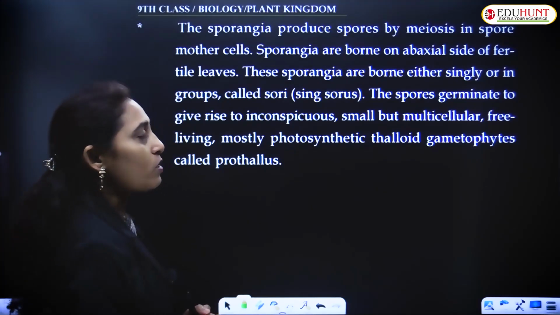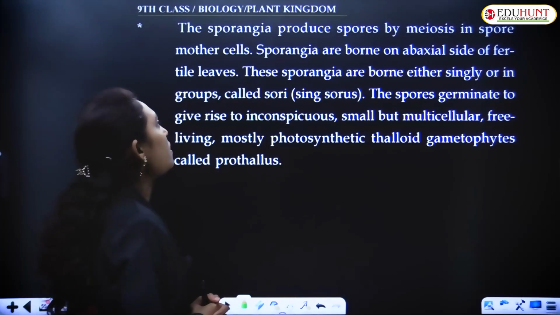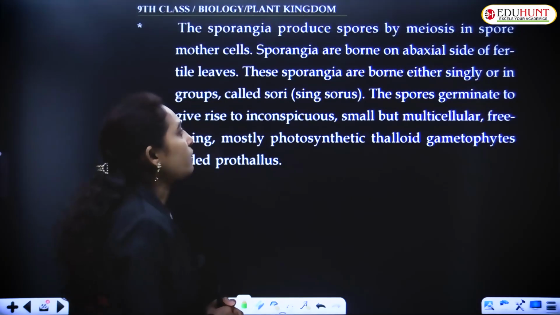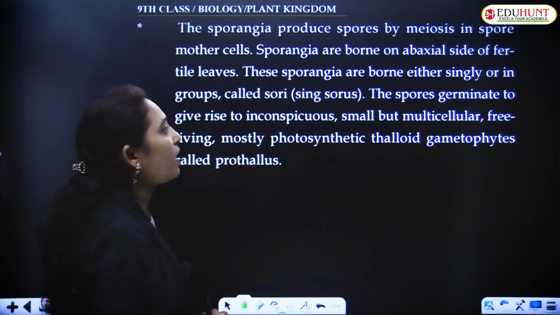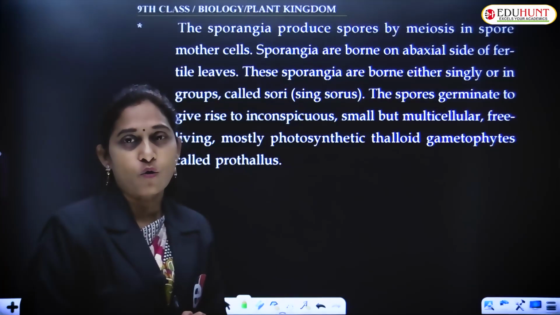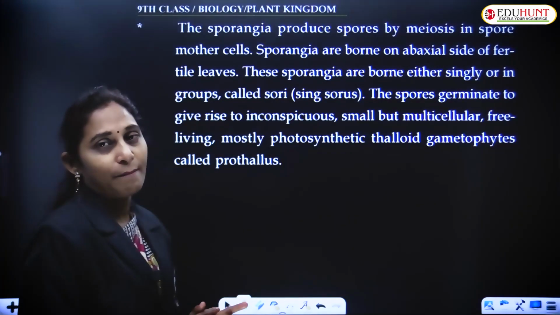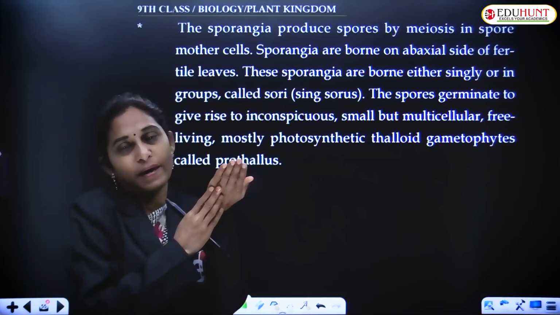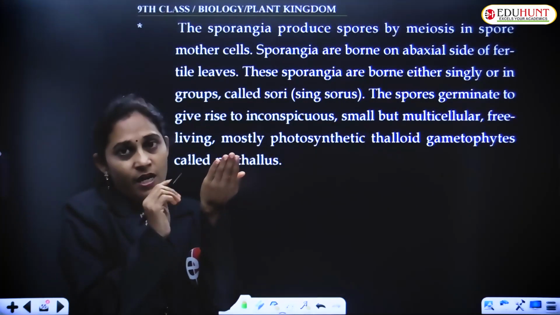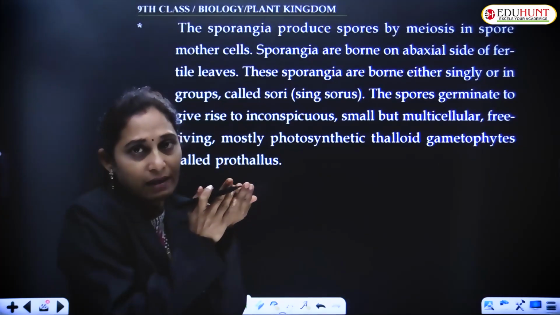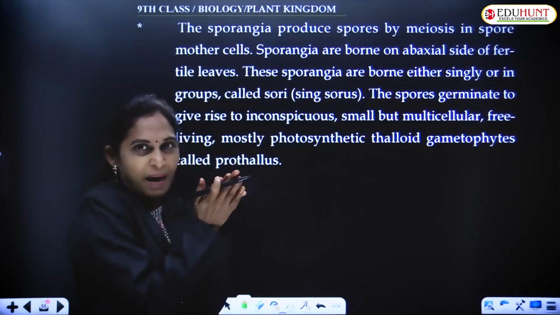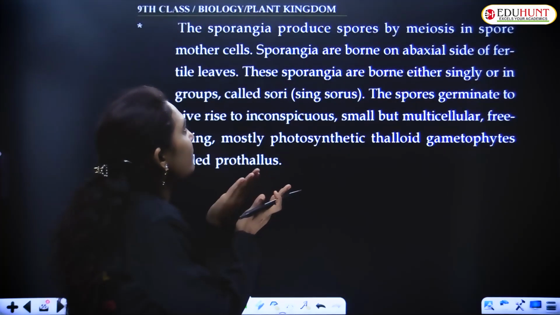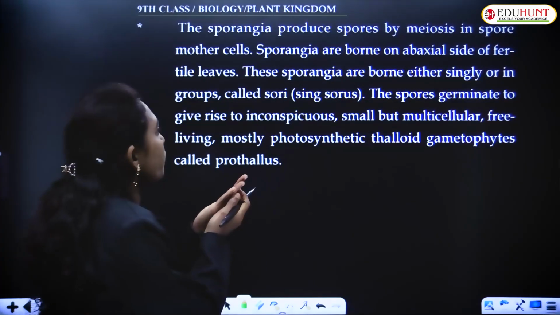So by meiosis, the spore mother cells produce spores which are haploid in nature, and sporangia are borne on the abaxial side of the fertile leaves called sporophylls. Sporophylls have an adaxial side, which is the upper surface, and the abaxial is the basal or lower surface on which the sporangia develop. This abaxial surface of the leaves is provided with these spore producing structures.